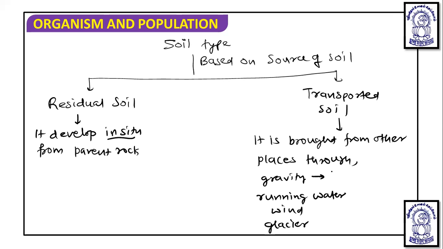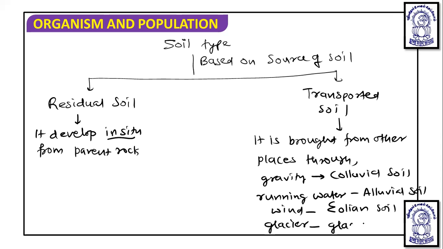If it is brought by gravity, it is known as colluvial soil. If it is brought by running water, it is known as alluvial soil. If it is brought by wind, it is known as aeolian soil. And if it is brought by glacier, it is known as glacial soil. So these are the two important types of soil, residual soil and transported soil. That is all about the fourth major factor, that is soil. I hope you understood well. Thank you.